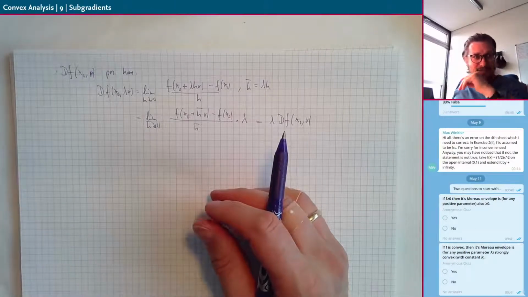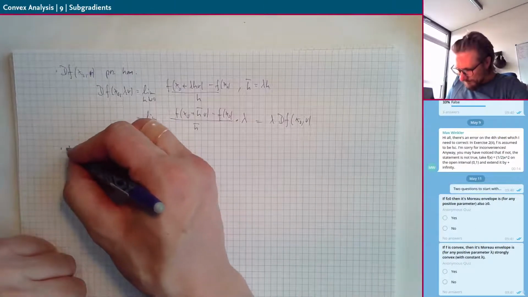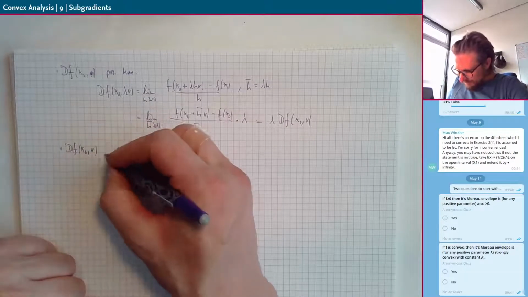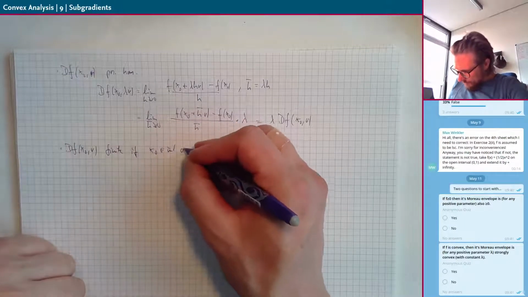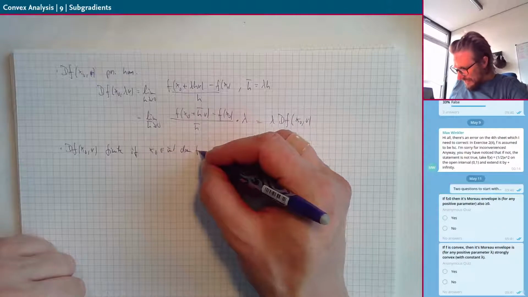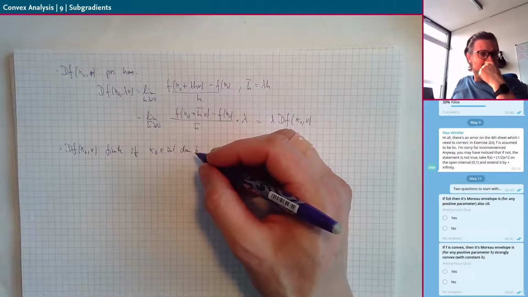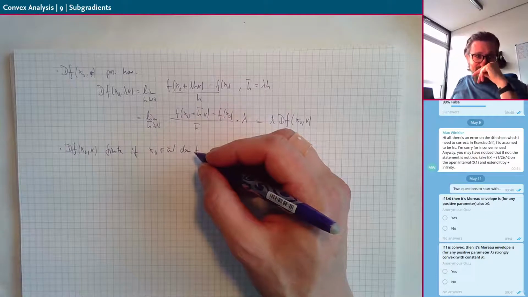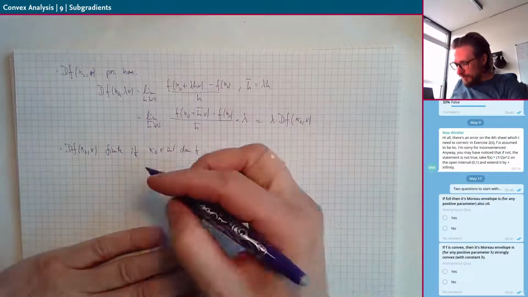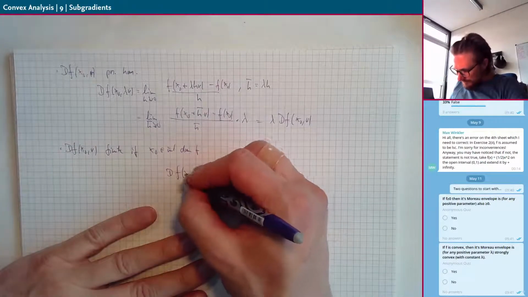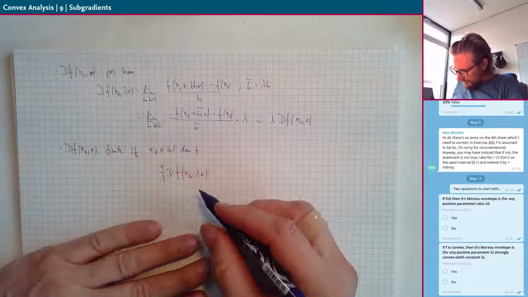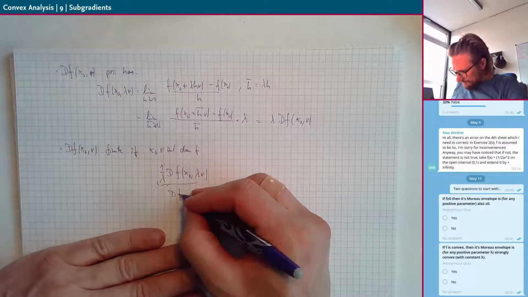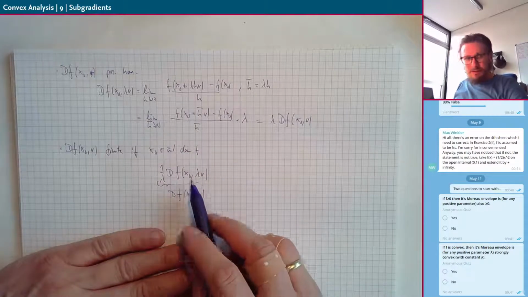Okay, and finally, that this guy here is finite if x0 is in the interior of the domain of f. And yeah, we use the upper and lower bounds we have. So what we write down is that this guy here, x0 plus lambda v, if you do it like this is exactly by positive homogeneity the directional derivative itself.